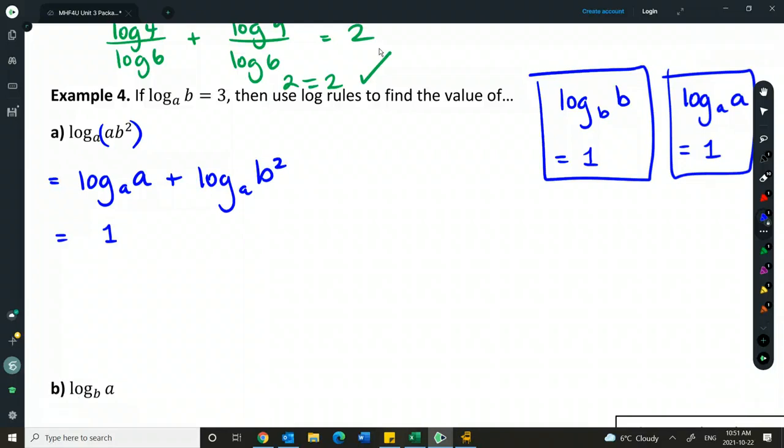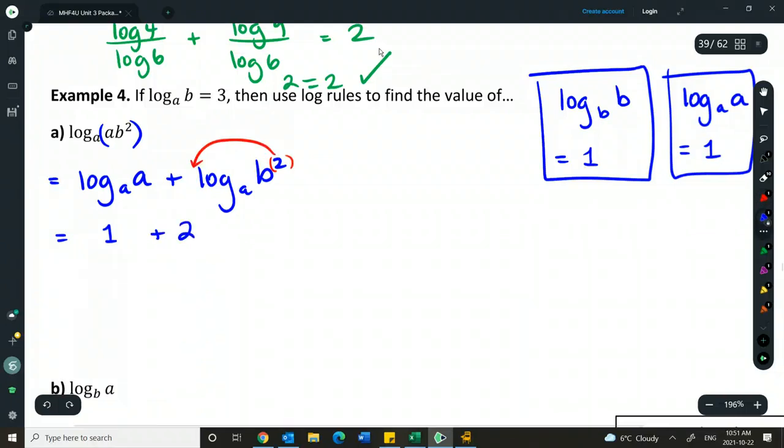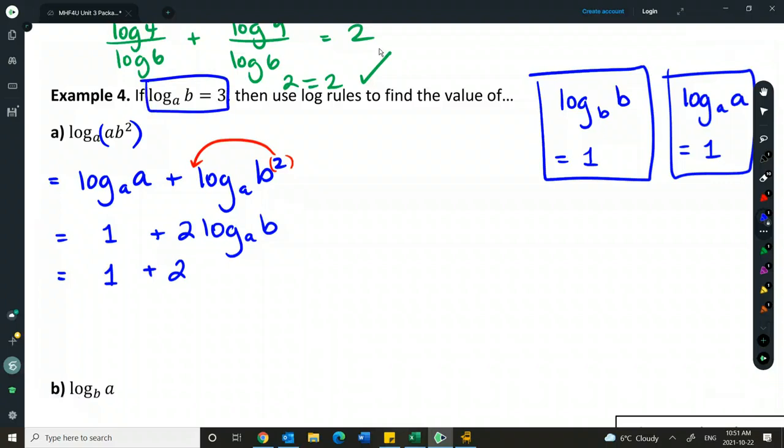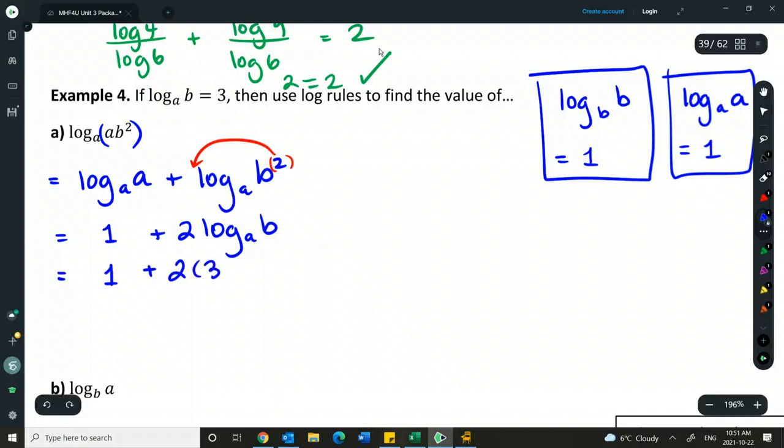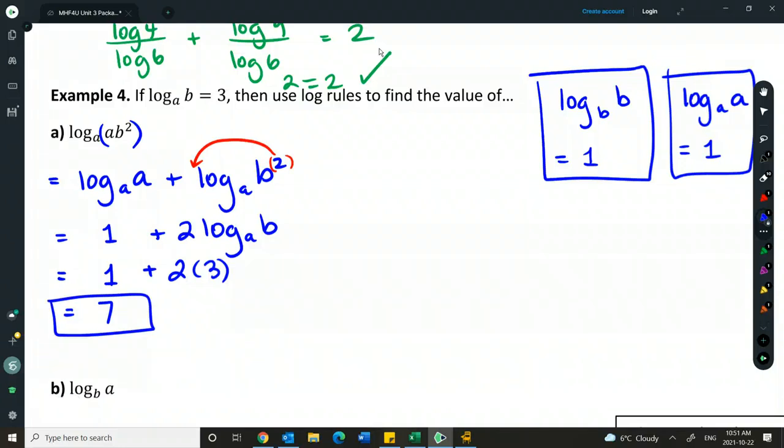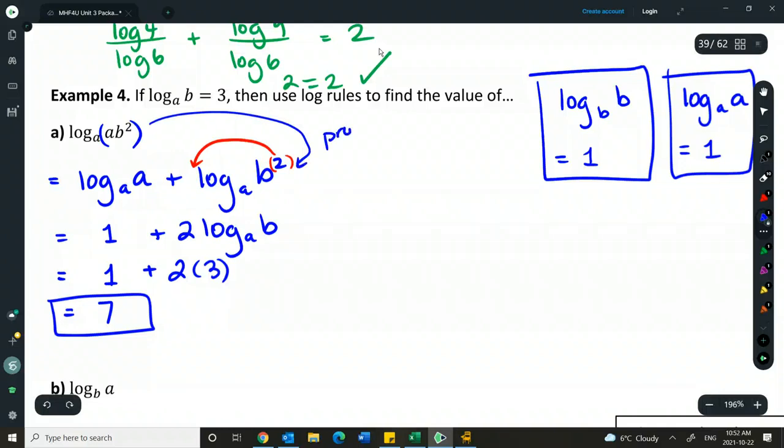Do you have an idea from here? Bring your 2 down. Yep, let's bring the 2 down. Use power rule. And finish it off. 2 log base a of b is equal to 3, so it's 1 times 2. Okay, so our question gives us this piece of information, log base a of b equals 3. So this will be 2 times 3, and that gives us 7. So this is product rule.